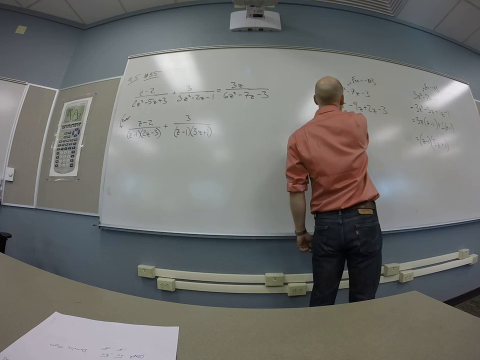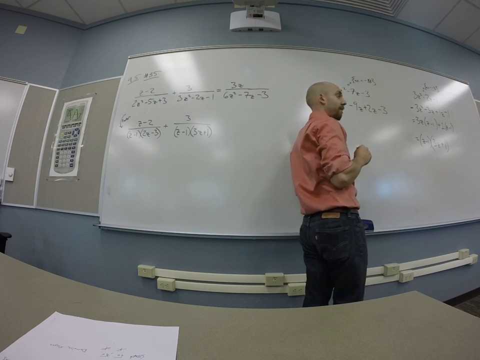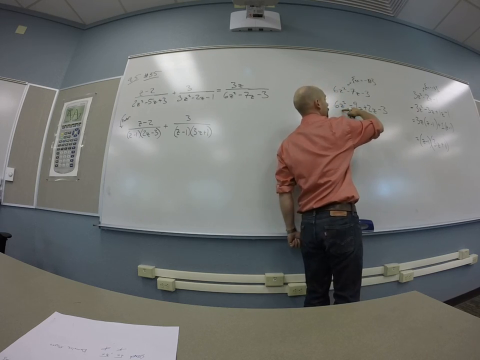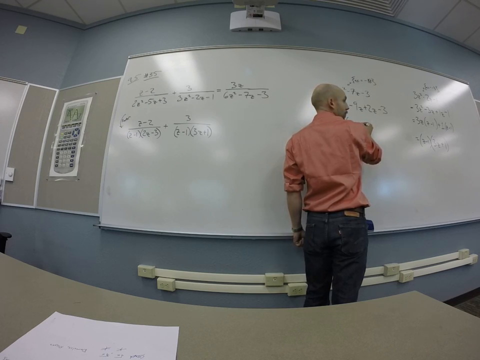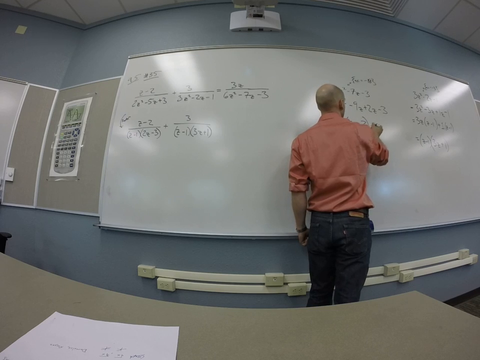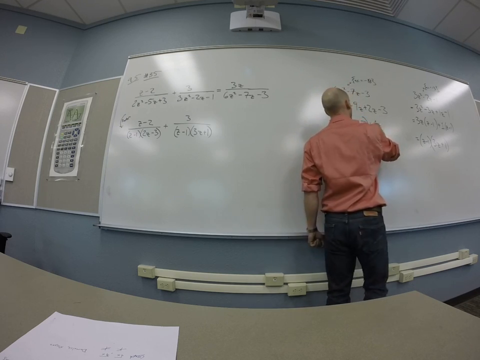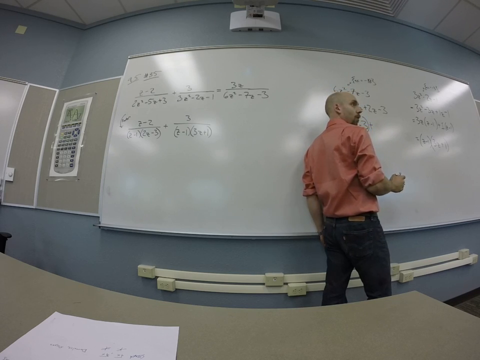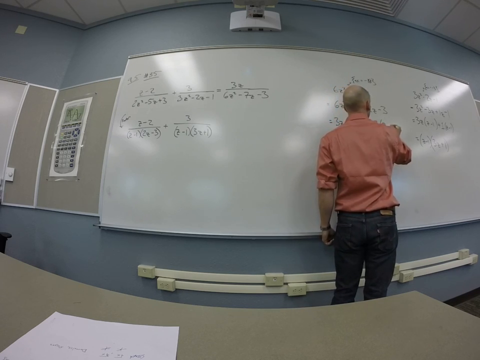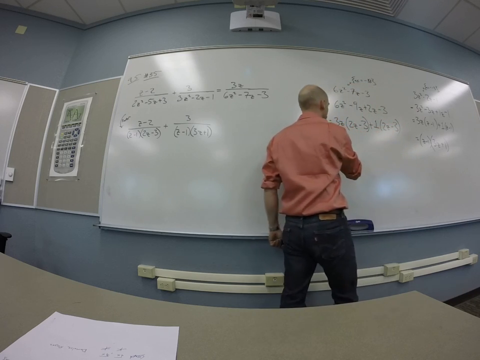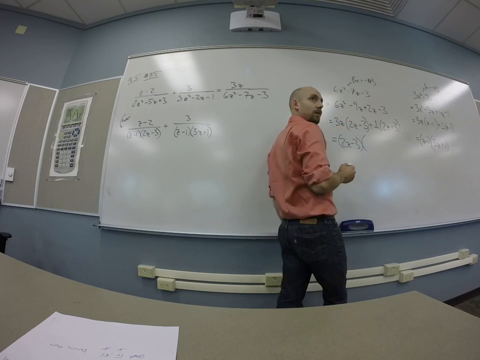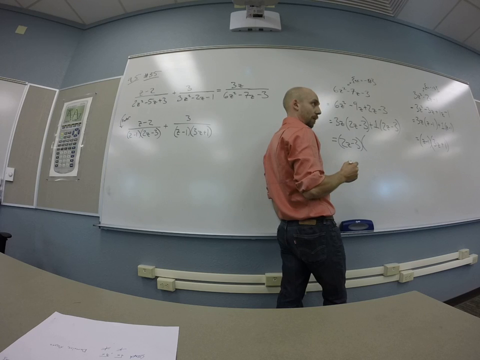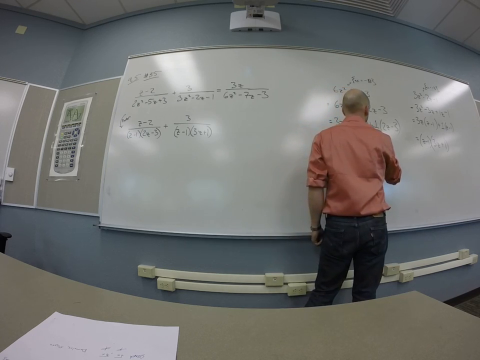So what do I factor out? 3z. I get a 3z times 2z minus 3 plus, what do I factor out of the second bit? 1, times 2z minus 3. So now I can factor out a 2z minus 3. And what am I left with? 3z plus 1.